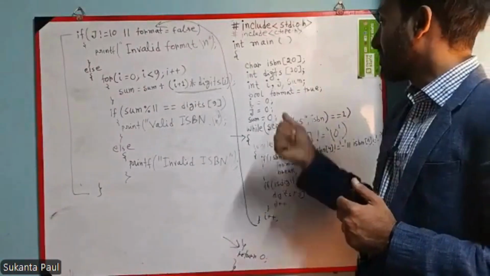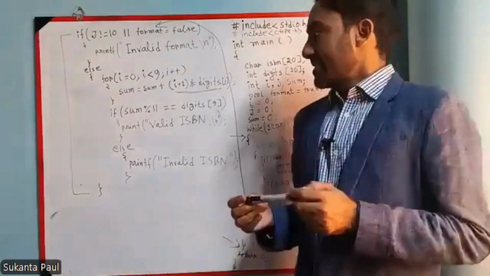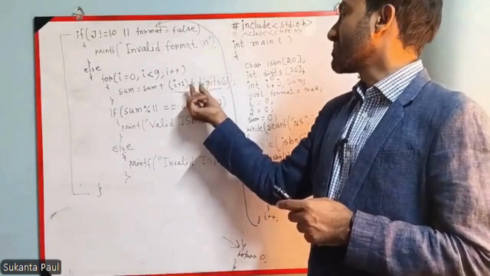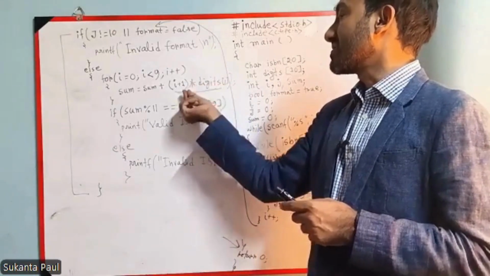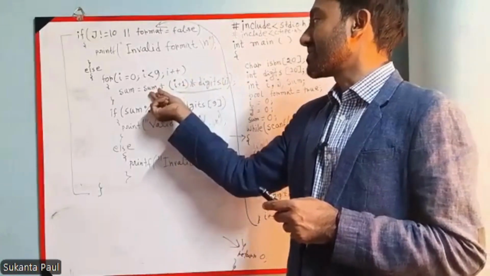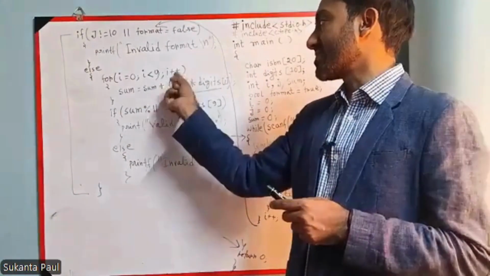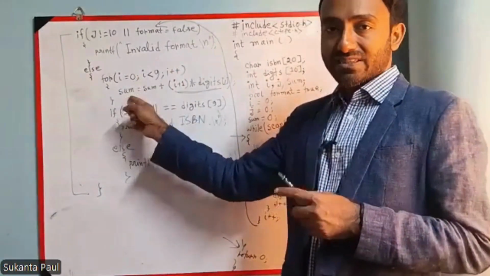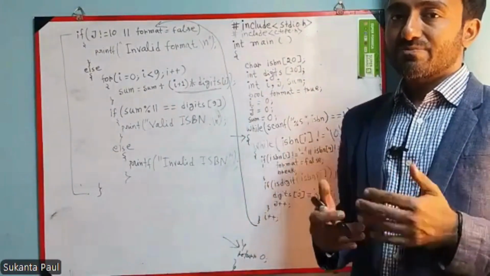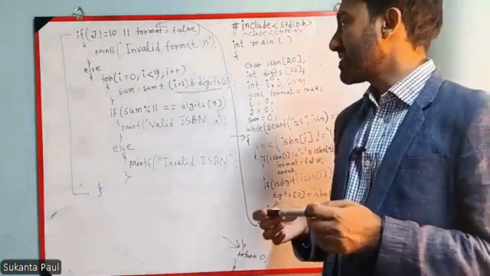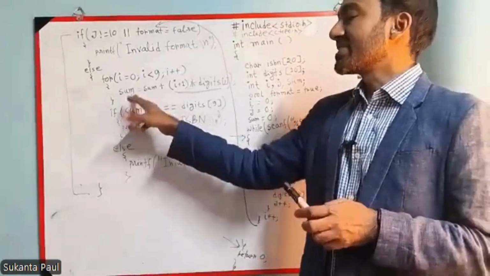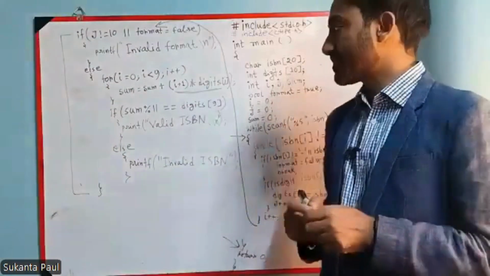Initially our value sum is equal to 0. After calculating the multiplication of the first digit with 1, it will be summed with 0 at first. Then it will store the value in sum here. So the sum value will be updated multiple times, and we will get the final sum when i is equal to 8.